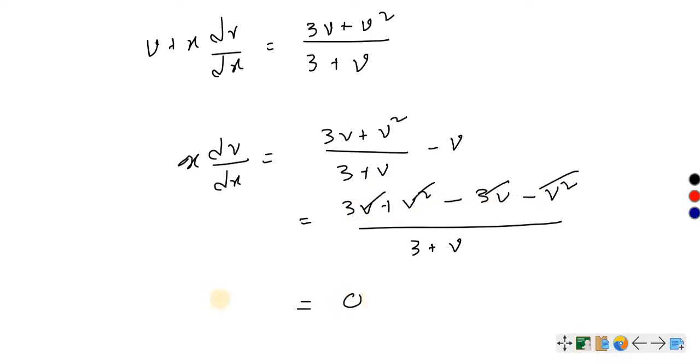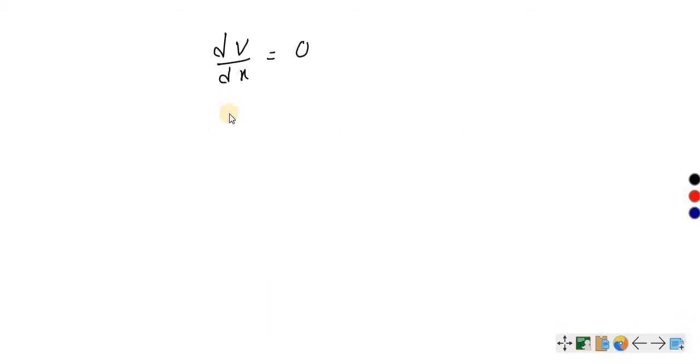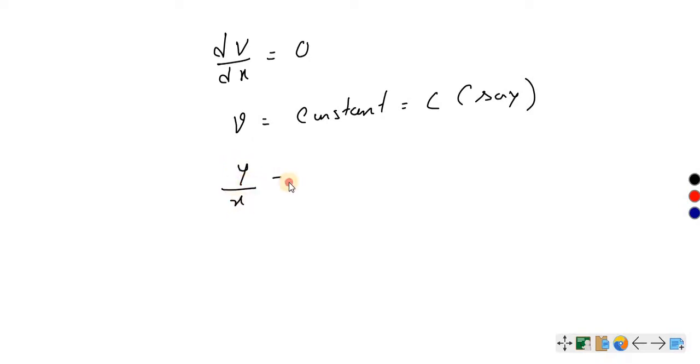Okay, so x dv by dx is equals to 0. It means what? V is some constant, that is equals to, say, c, where c is some constant. Okay, so in place of v I can write what? Y by x is equals to c. So this is the solution of this differential equation. So this is my answer here.